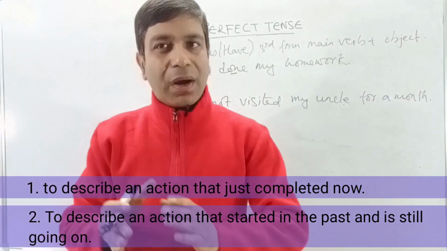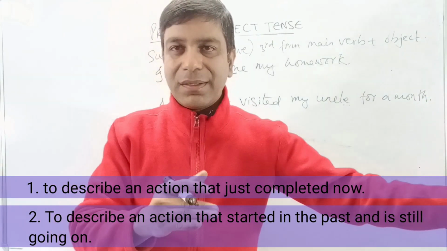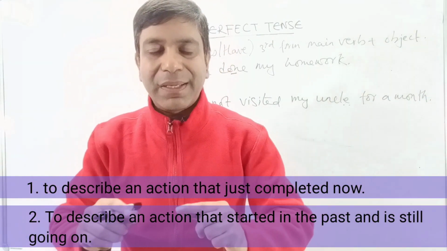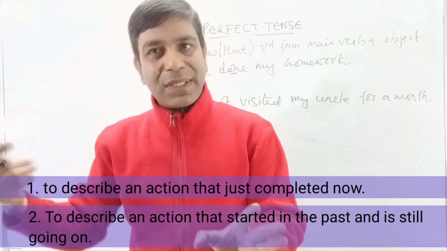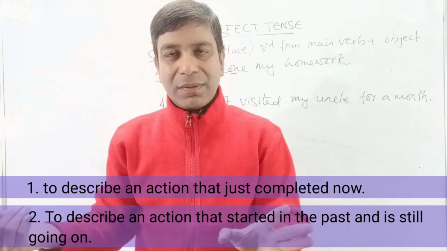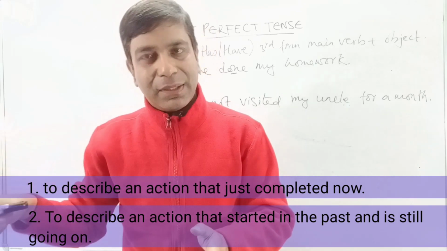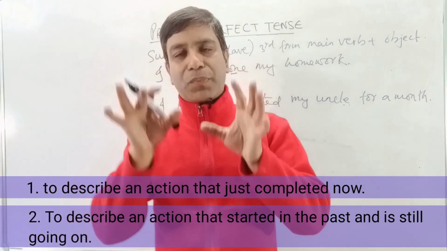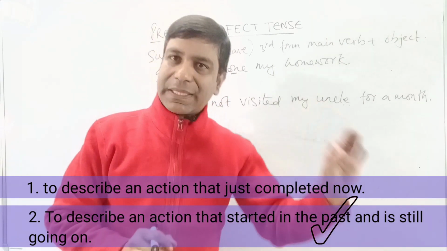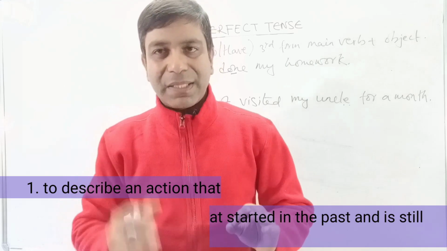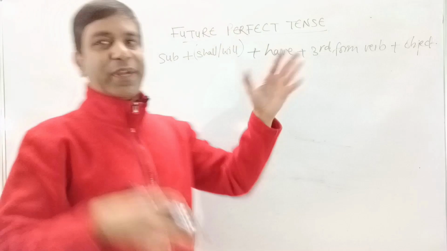You visited your uncle a month ago, and ever since then, even at the time of speaking, you haven't visited him yet. You may visit in future, but since a month till now, you haven't visited your uncle. That means we use present perfect tense also to describe an action that started in the past and is still going on.